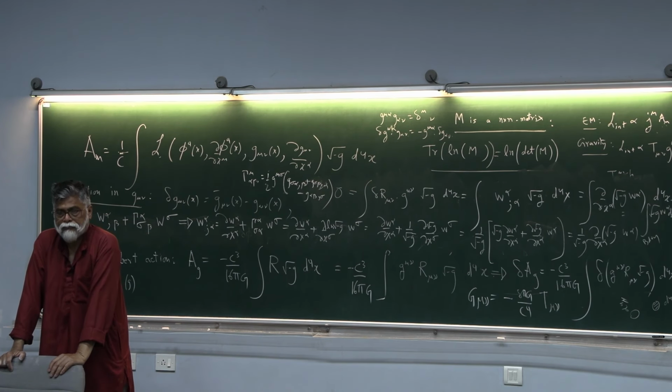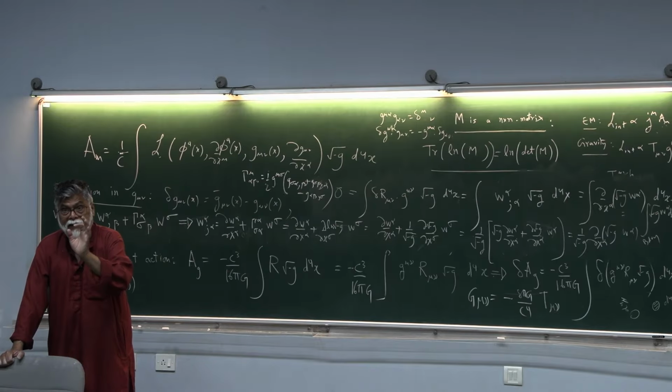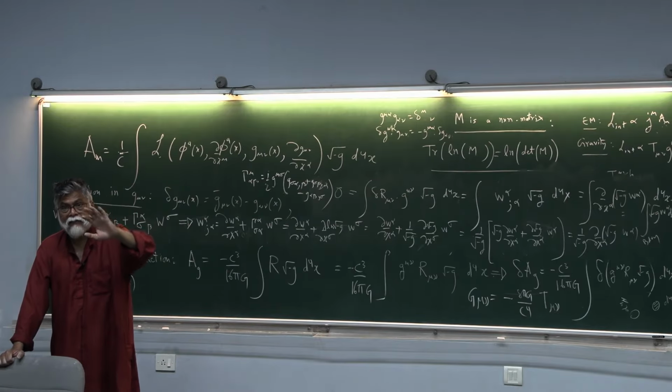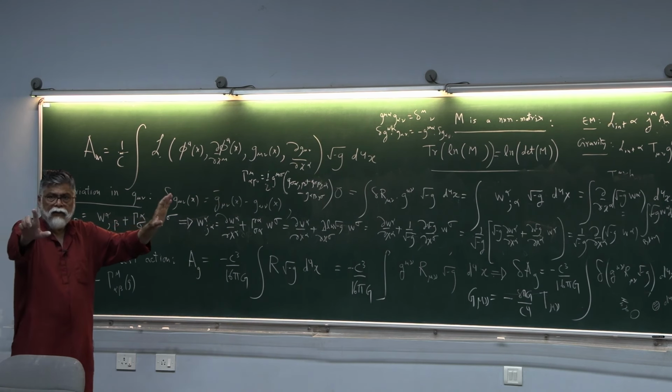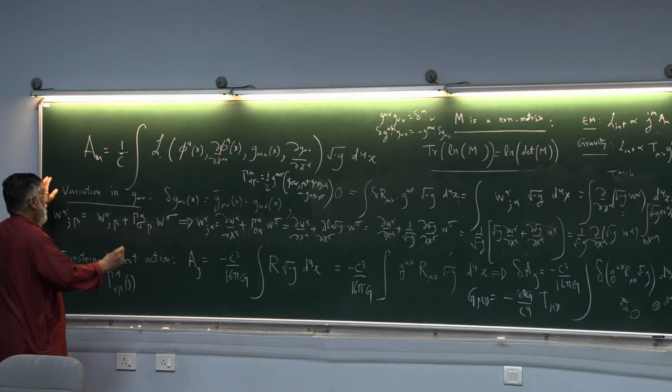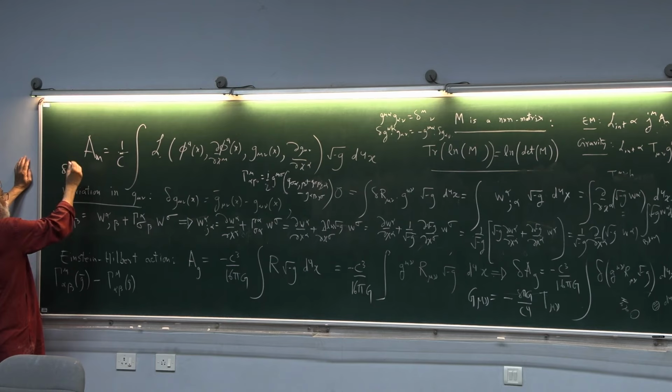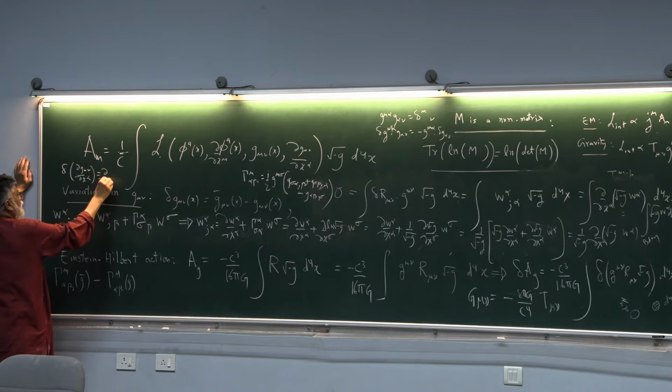Correct, you're right. That's okay, because when you are doing arbitrary variation, you would demand that not only the variation in some quantity, but the variation in its derivative must also be 0. That's the same thing one does. Look, we had shown this earlier, delta of del g mu nu by del x alpha is the same as del by del x alpha of delta g mu nu.